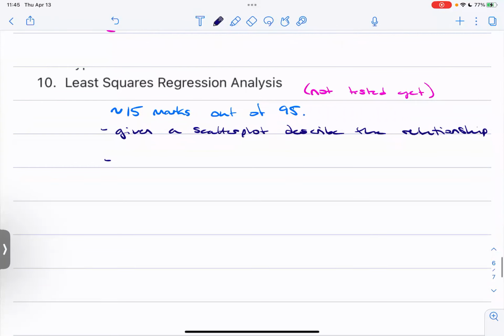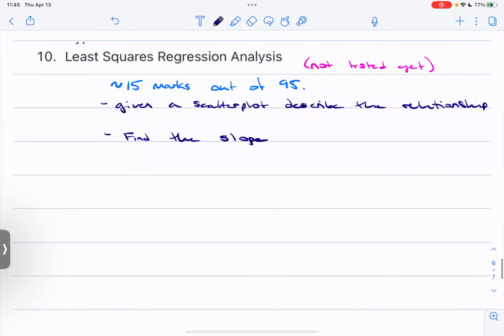You have to be able to find the slope and interpret the slope: for each unit increase in X, we expect to see a slope increase in the predicted value of Y.